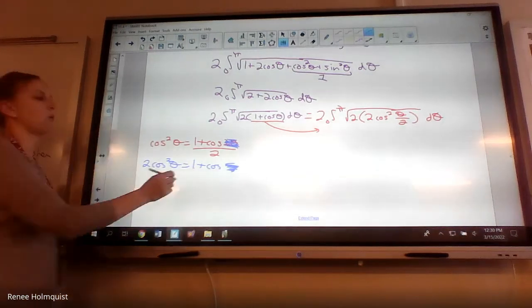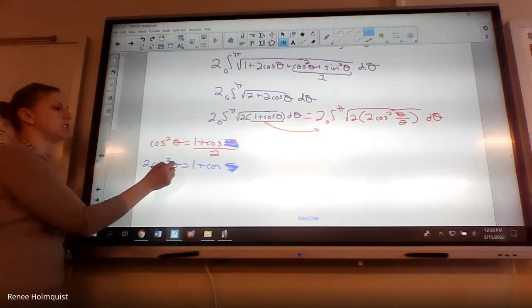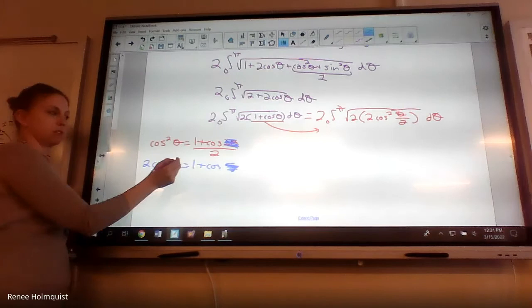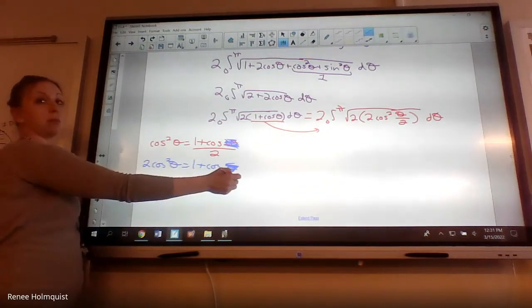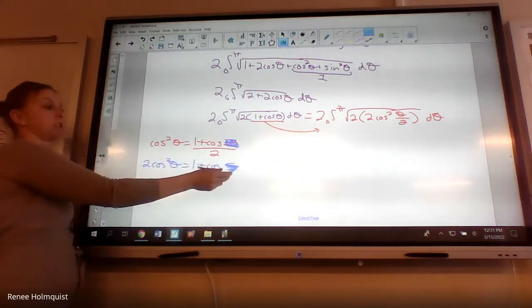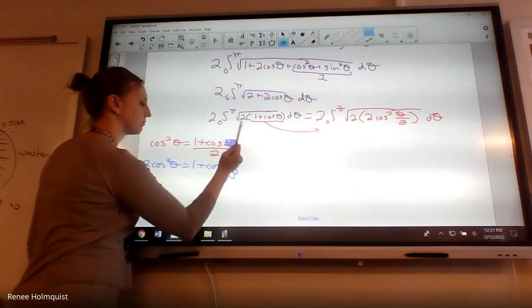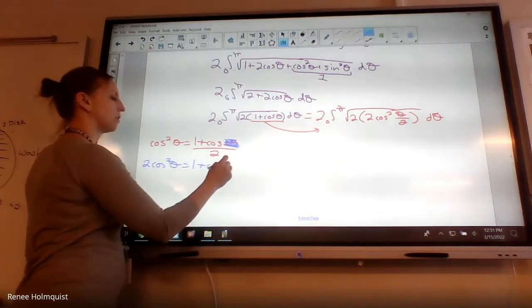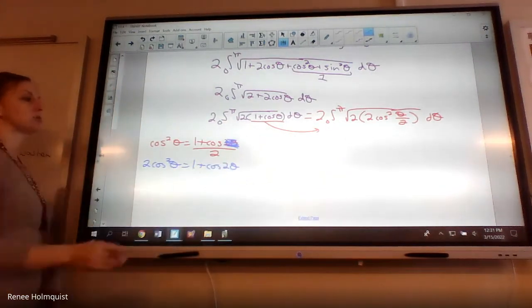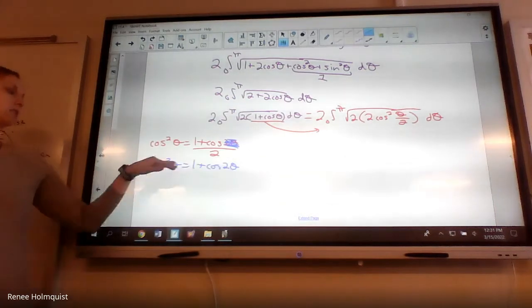Now, what's under my squiggle is double this. Like if this was a 4, this would be an 8. If this was an x, this would be a 2x. We want to figure out what theta has to be to make these work.